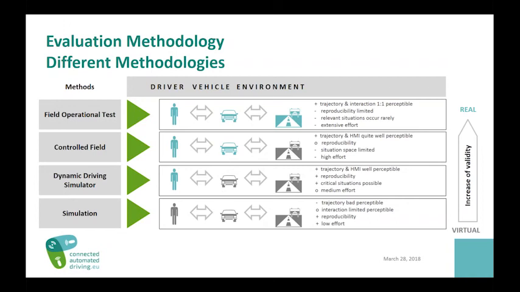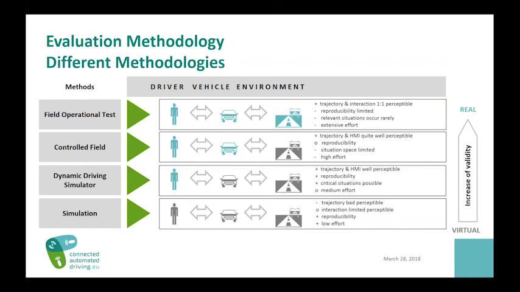In the next slide, you see different methods where you can collect data for your safety impact assessment. First of all, you can start in simulation, where you have the driver, the vehicle, and the environment in a virtual environment where you have a very high reproducibility, you have very low simulation costs. But of course, you need to simulate very well, or as well as you need to do that, and you have other constraints.